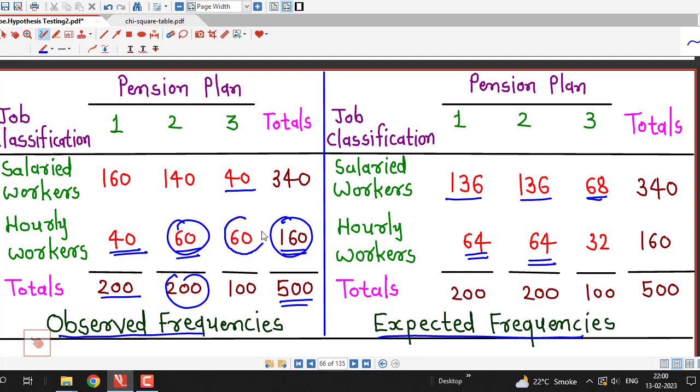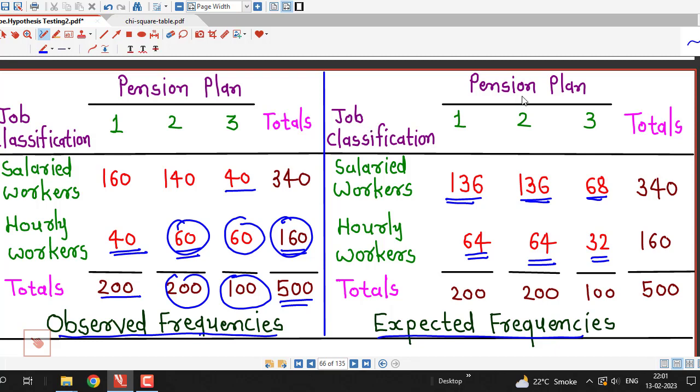Same thing here for this 60 also. It is in the second row, so we will consider 160 multiplied with this third column total, which is 100, and then divide by 500 and we obtain 32.